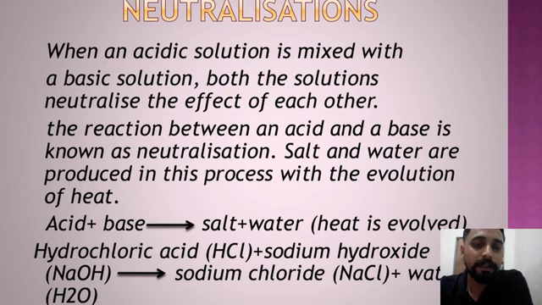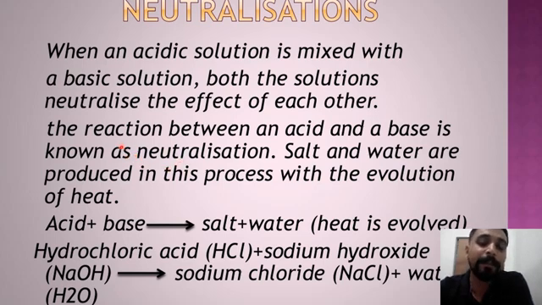Students, we have talked about acids and bases and the natural indicators. Now is the time to discuss the chemical reaction between an acid and a base. When an acidic solution is mixed with a basic solution, both the solutions neutralize the effect of each other. The reaction between an acid and a base is known as a neutralization reaction.